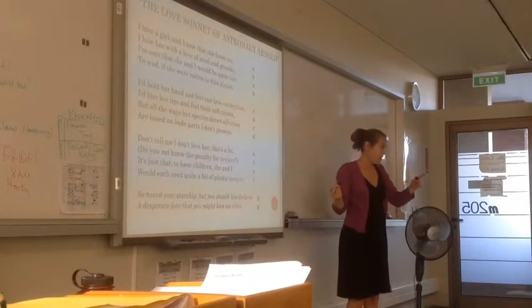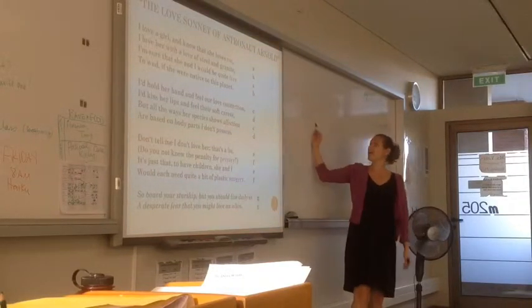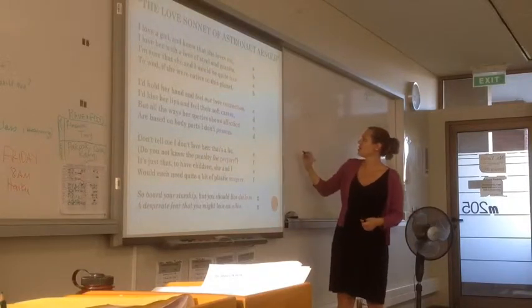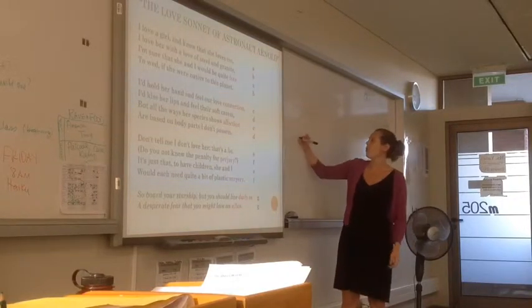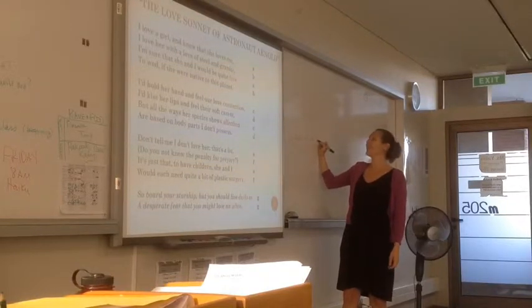First quatrain, quatrain 2, quatrain 3, and a couplet. So first we're going to check for that. Second, I would like for you to write the rhyme scheme: A, B, A, B, C, D, C, D, E, F, E, F, G, G.